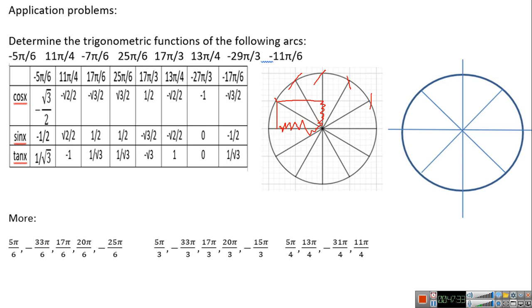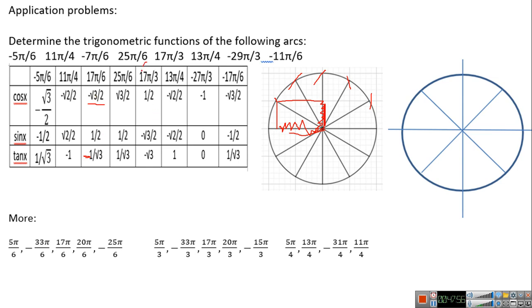Cosine negative, sine positive. So cosine 17 pi over 6 is minus radical 3 over 2, and sine is half. And tangent will be sine over cosine. Minus over positive, this must be negative. Sine over cosine, radical 3 is in the denominator, so it's 1 over radical 3.